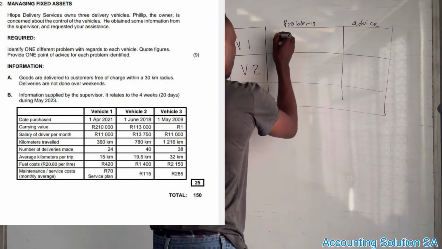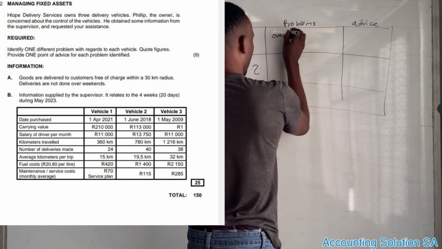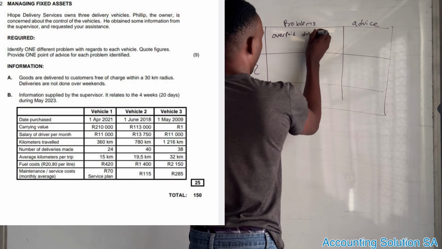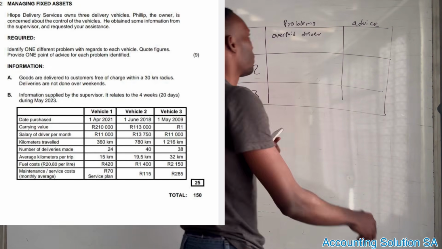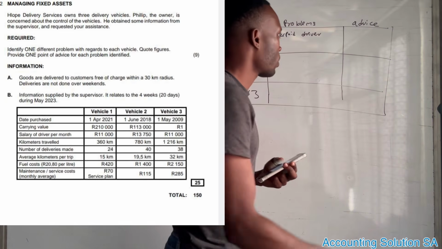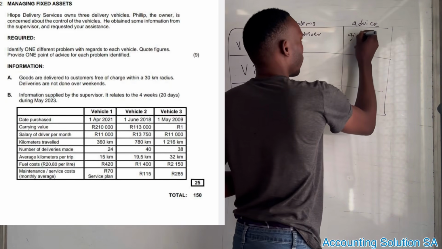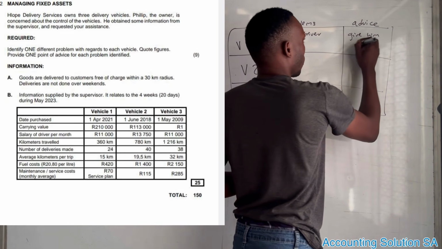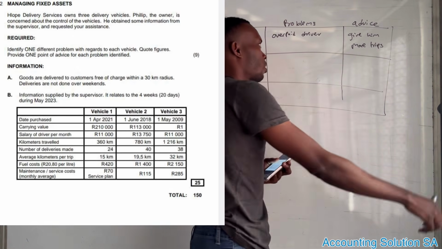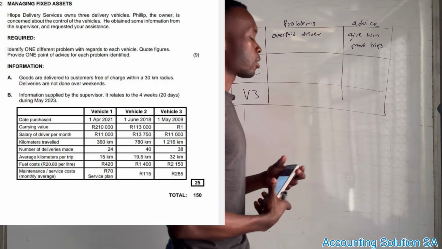The driver is overpaid here. And how can we solve this problem of overpaying a driver? We must give him more trips. We have to give this driver more trips.